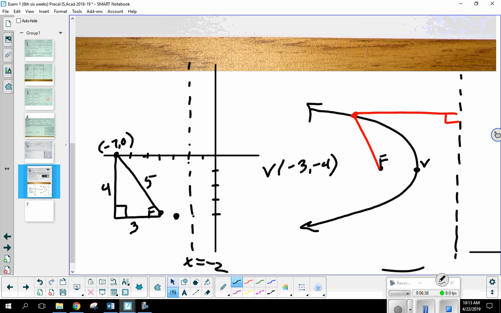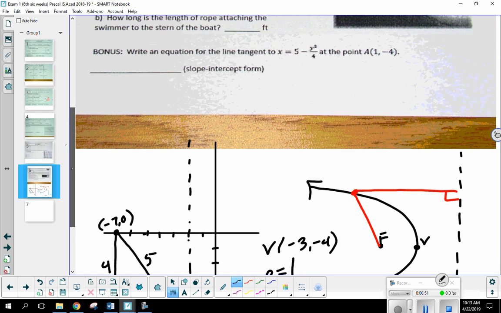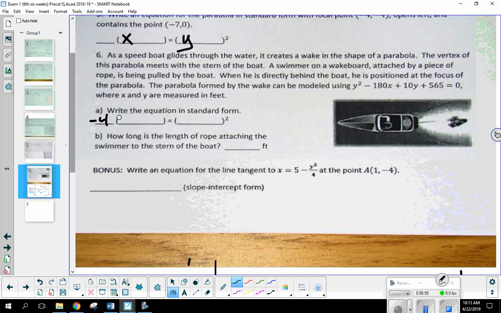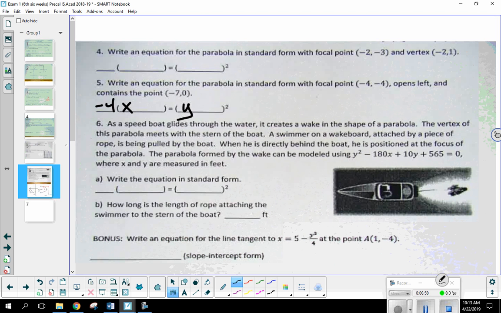And then the distance from that vertex to the focal point is always P, and I can tell here that P is equal to 1. Okay. So my coefficient here would need to be a -4P. So this would be -4. Oh, that's the wrong one, sorry. This would be -4, and then it would be x plus 3, y plus 4.